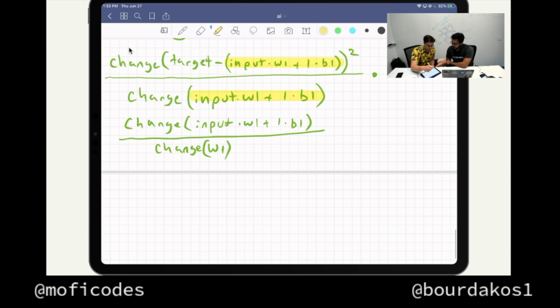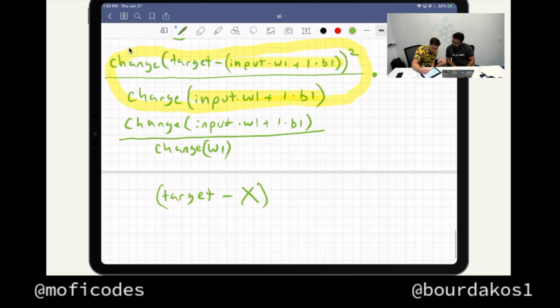So we can rewrite this whole thing as: we want to find the derivative of the target minus x squared. So x would be replaced with this whole output that we were getting before.